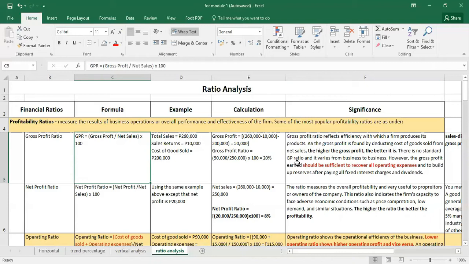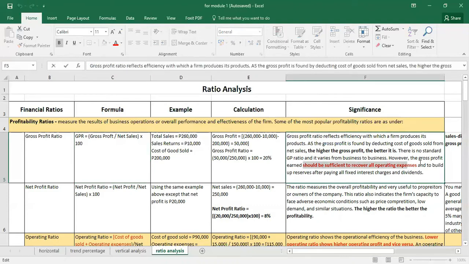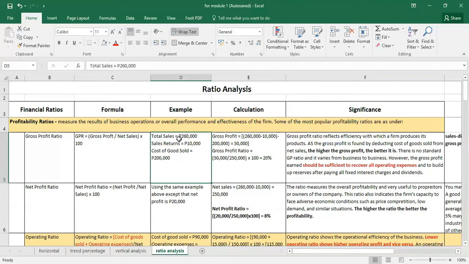However, sabi nga dito, the gross profit earned must be sufficient enough to recover all operating expenses and to build up reserves after paying all the fixed interest charges and dividends. To compute for the gross profit, ililas lang naman natin ang ating total sales at ang ating cost of goods sold. Ililas din natin kung meron tayong mga sales returns, sales discounts.